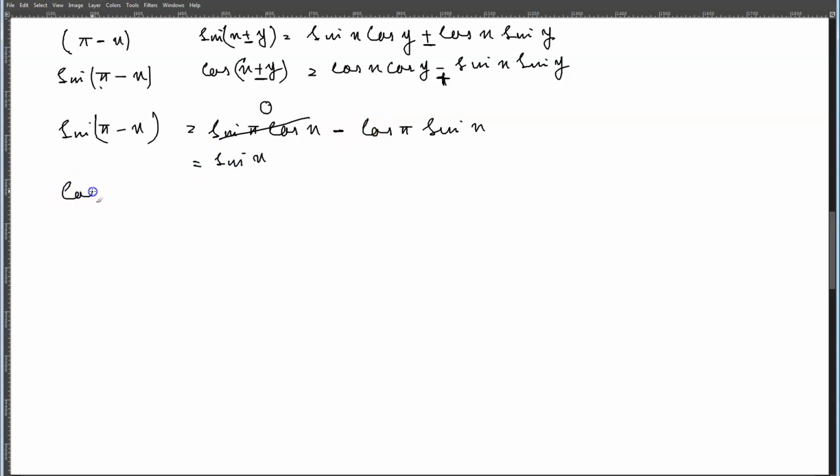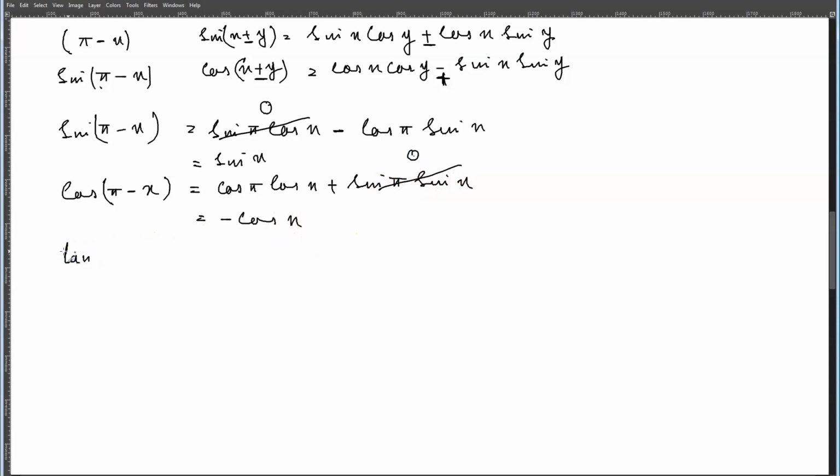What is the cos of pi minus x? The cos of pi minus x is equal to cos pi cos x plus sine pi sine x. And cos pi is equal to negative 1, so that's negative cos x. Sine pi is equal to 0, so this whole thing goes to 0.